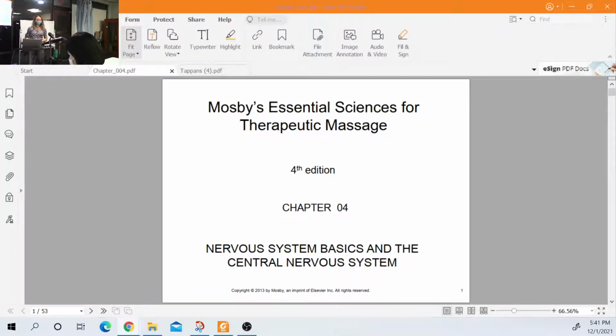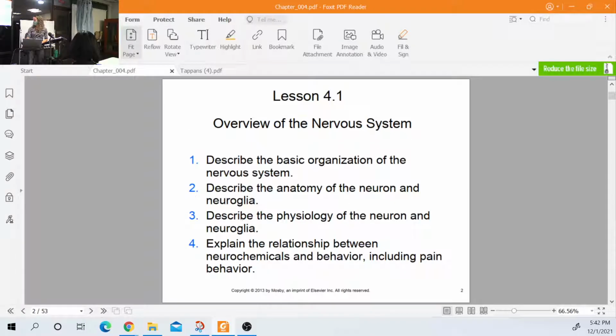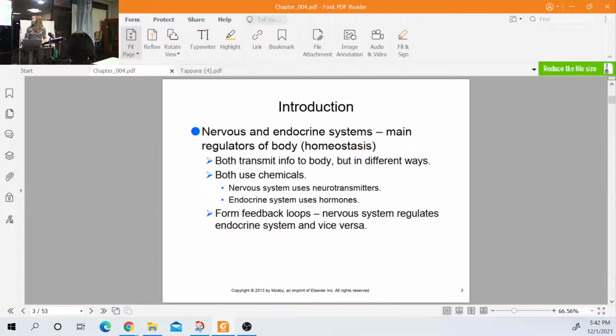Page 99. And remember that the nervous system is one of the main regulatory systems of the body. And it's regulating the environment, trying to maintain homeostasis at all times.